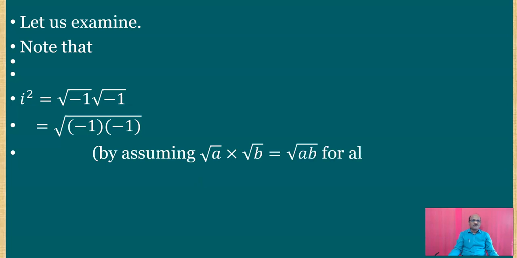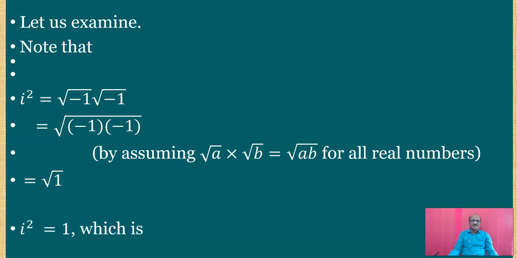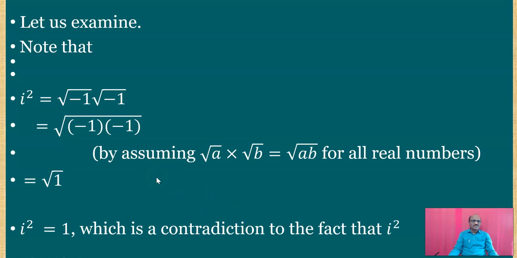Therefore, root of 1, and what is the root of 1? It is again 1, which is a contradiction to the fact that i square is equal to minus 1.